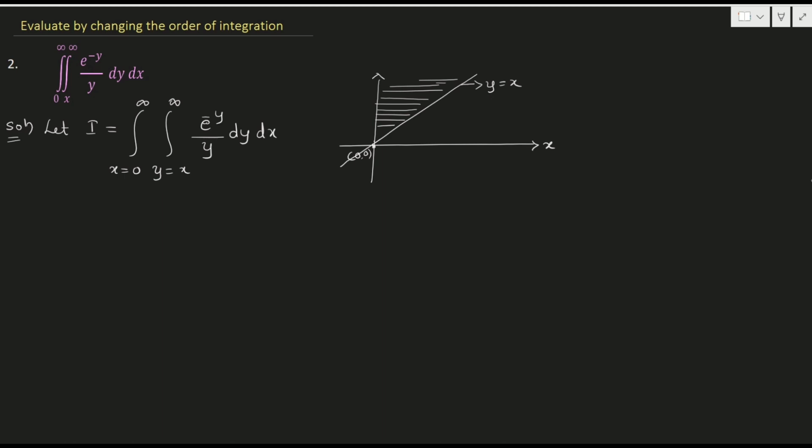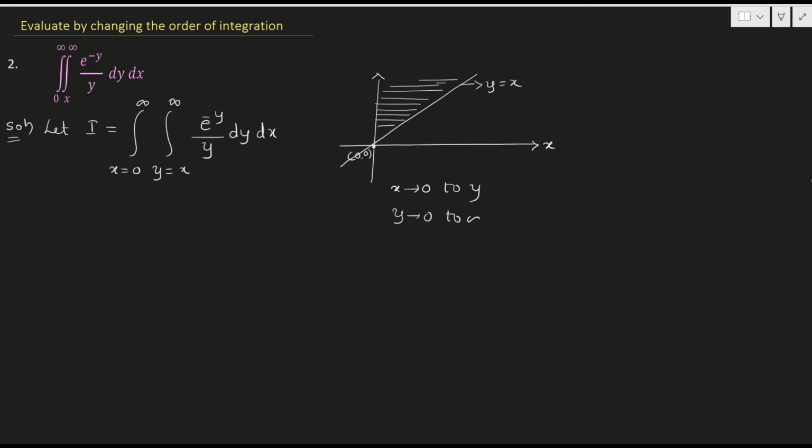For that, x varies from 0, it starts from 0 only, but it depends on the value of y. Means x changes from 0 to y. And what about y? y starts from 0, when x is 0, y is also 0, and ends at infinity.